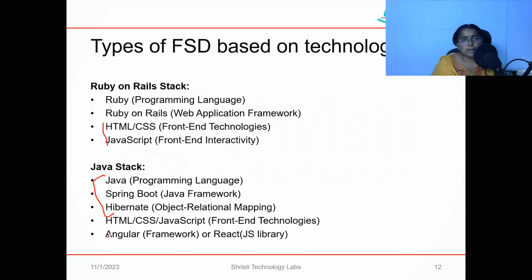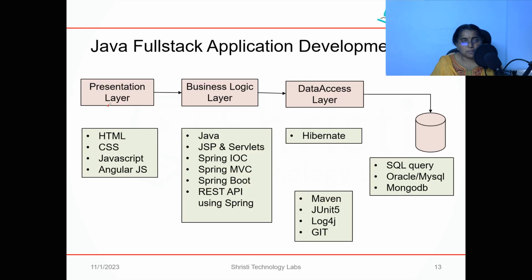Let me just show you a pictorial representation about how a Java full stack application will look like. Here you have a presentation layer, a business logic layer, the data access layer. The presentation layer is what the user sees, which is nothing but the front end, HTML, CSS, JavaScript, Angular or React.